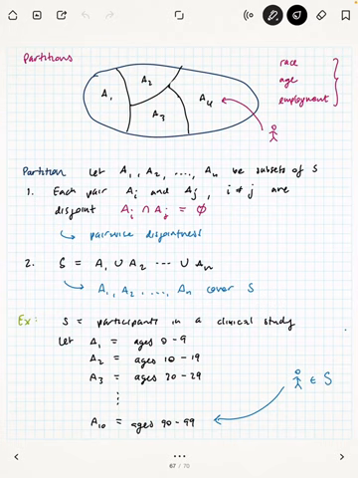So imagine you have this pool of people or collection of items, and you separate them into groups, not necessarily of equal size, but you want to make sure that everybody fits into one of those subgroups, and that no person can be in more than one of these groups at once.